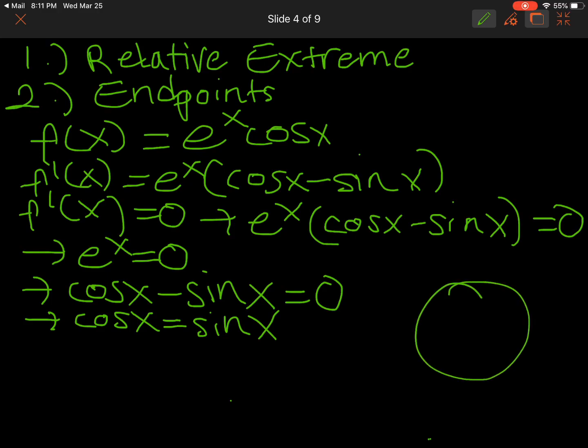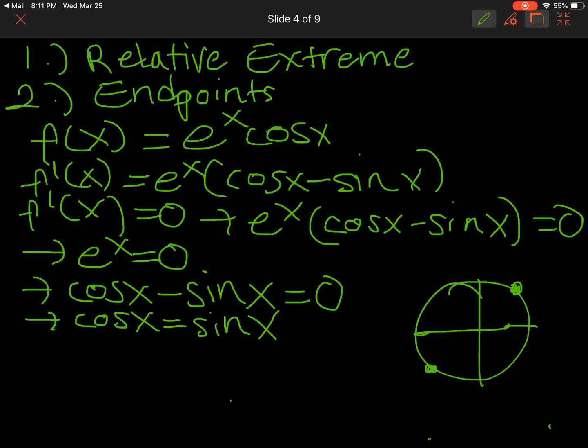Well, if you look at our unit circle here, we know that at pi over 4, both the values are equal. And since they're both positive, that's true there. We also know this occurs here at 5 pi over 4. Both values are negative and equal.